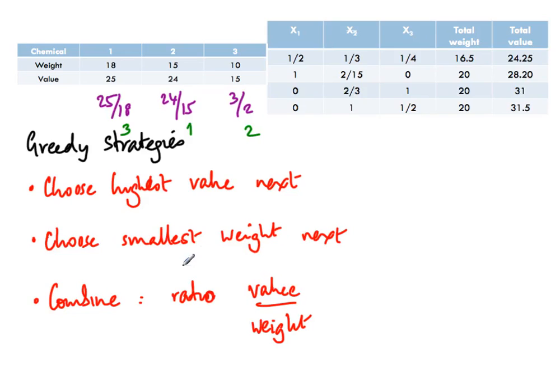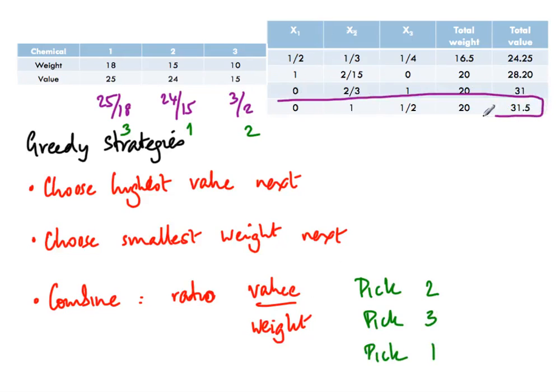So in this strategy, you will first pick chemical 2, then you will pick chemical 3, and then finally, if you still have space, you will pick chemical 1, and this corresponds in our example to the last choice. And it turns out that this strategy of picking in terms of unit cost, choosing the ratio with highest value to weight next, is actually the optimum greedy strategy.